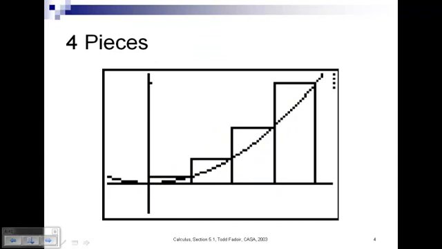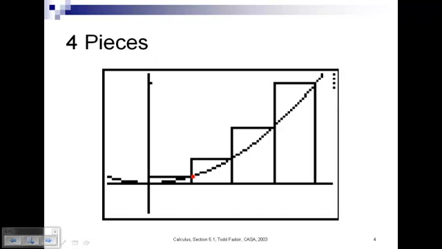What if I took this curve and broke it into 4 equal pieces? And again, because I want to use rectangles, because the area of a rectangle is really easy to figure out, let's make rectangles out of the area under the curve.